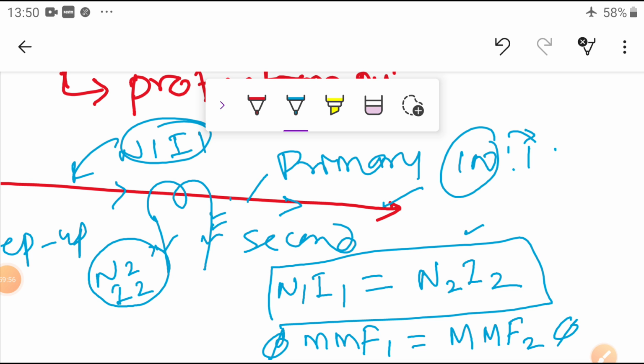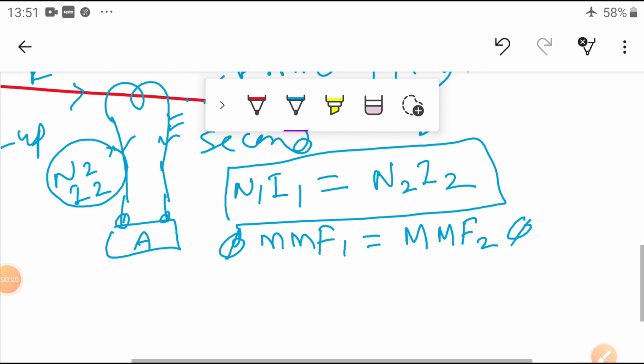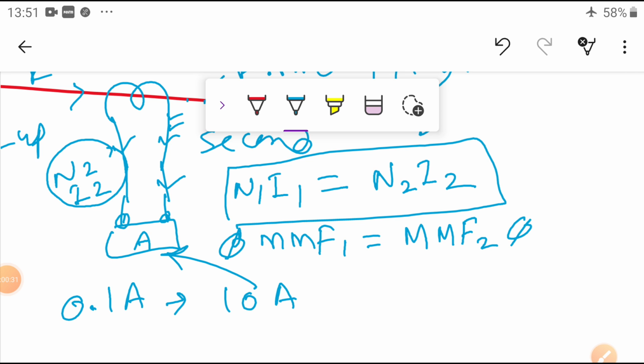A low range ammeter of 0 to 5 amperes is connected on the secondary side of the current transformer. So here I am going to connect one ammeter, with its terminals connected here. The ammeter is calibrated to read the high current, or it is provided with a multiplying factor. So we have seen 0.1 ampere indicated as 10 amperes, because we calibrated our small meters that way.